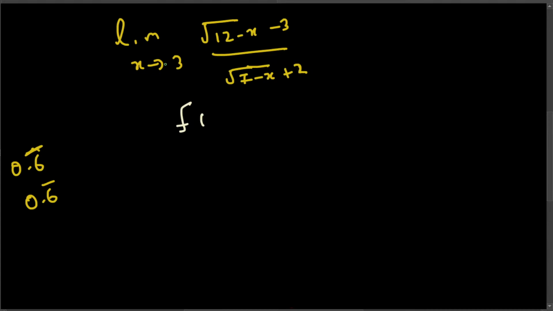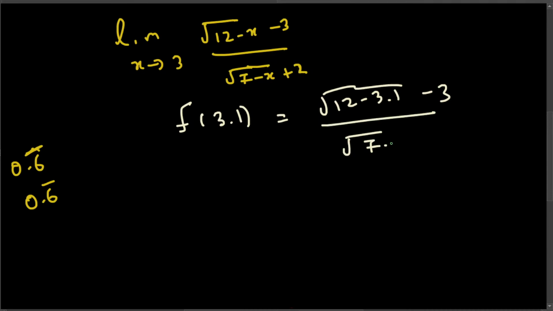So I'm taking a value that's close to 3, that is 3.1, and if I plug it in this equation, this is going to be the square root of 12 minus 3.1, minus 3, divided by the square root of 7 minus 3.1, plus 2. And if you plug in all these values and calculate it using a calculator, you're gonna get 0.664324.